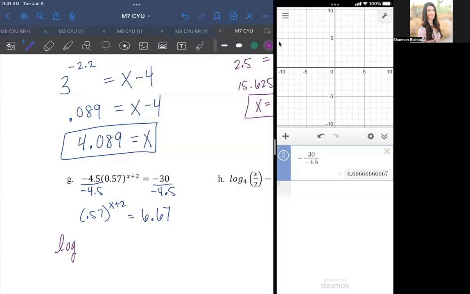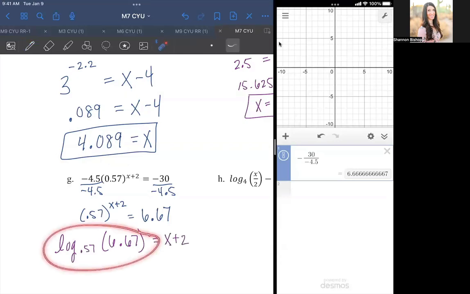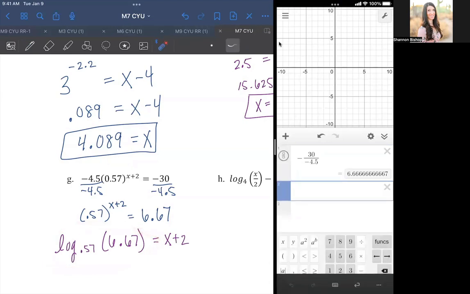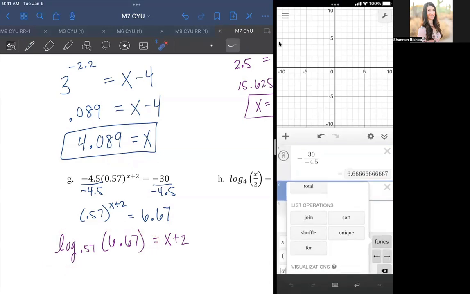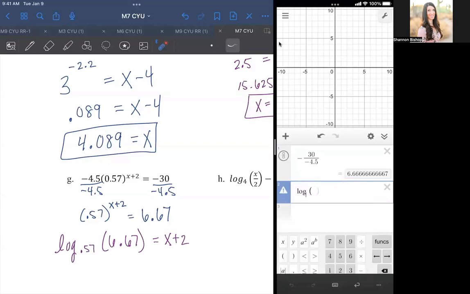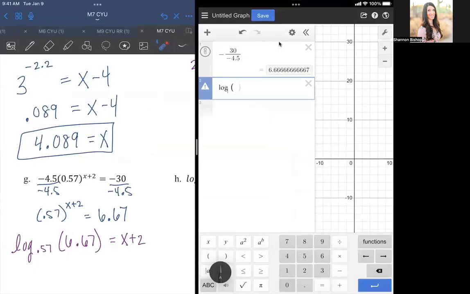So log. The base of the exponent becomes the base of the log. Our desired result is 6.67, and the exponent is x plus 2. This is just a computable statement. Hop on over to Desmos. We need the log, where are you? There you are. Log base 0.57, desired result 6.67.